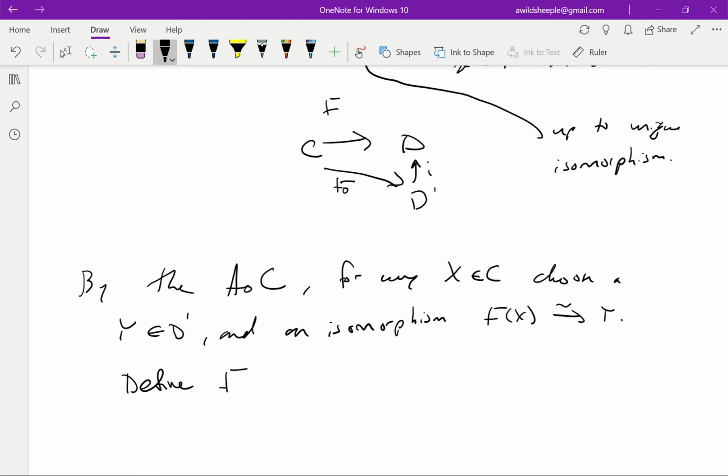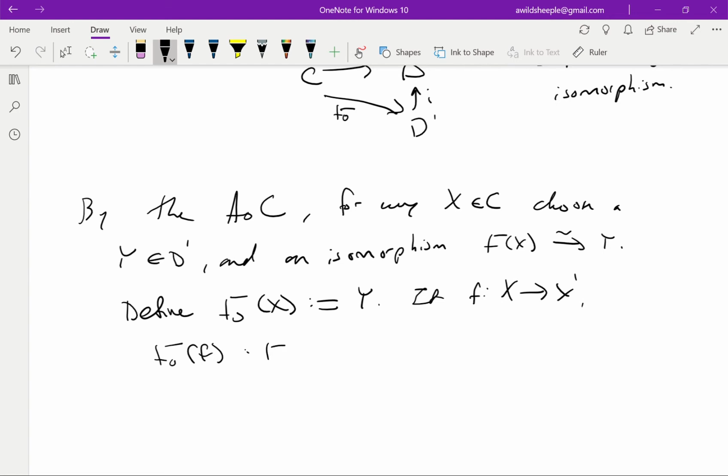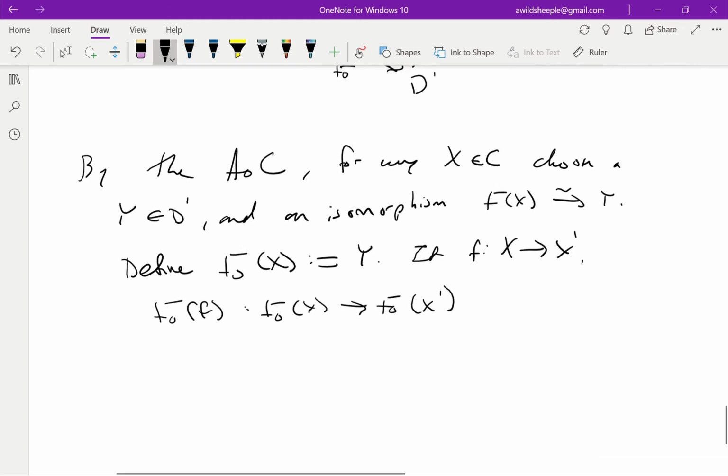Once we've made all these choices, we take this construction as our definition of f0. So we declare that f0 of x should be y. And we now have to say what the morphisms are. To say what f0 does to morphisms, we take any morphism f from x to x prime, since I've already used y. Then we define f0 of f to be the map f0 of x to f0 of x prime, defined by the following composition.